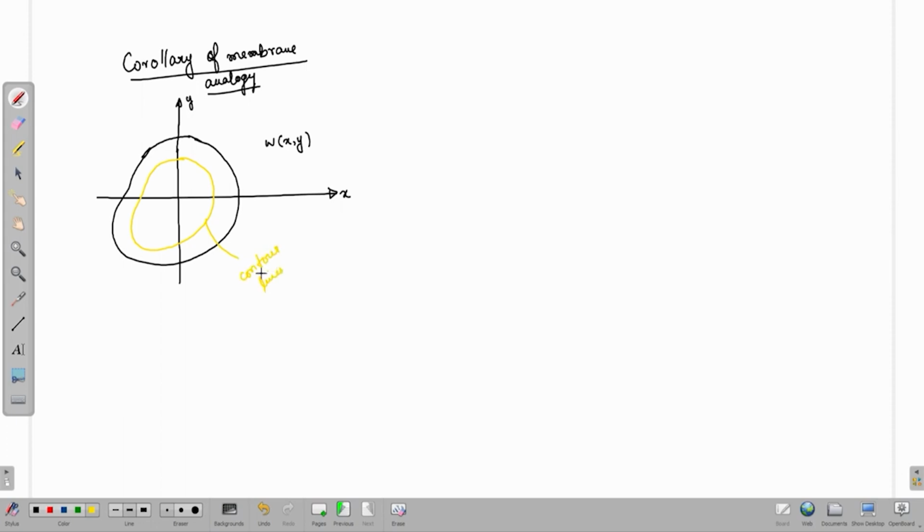These are contour lines where W, which is a function of x and y, is constant.